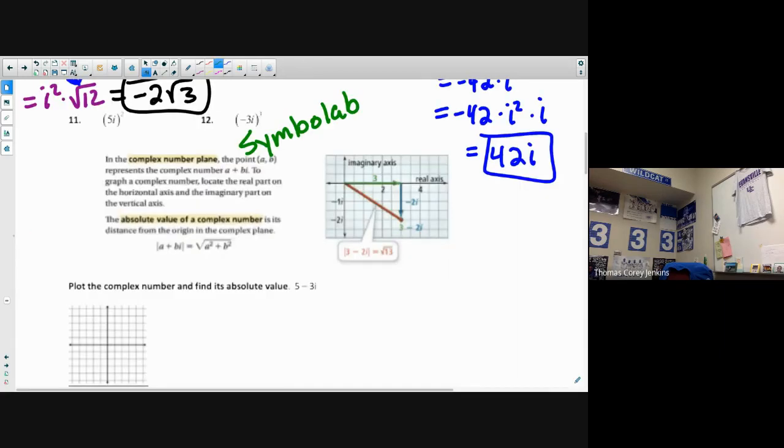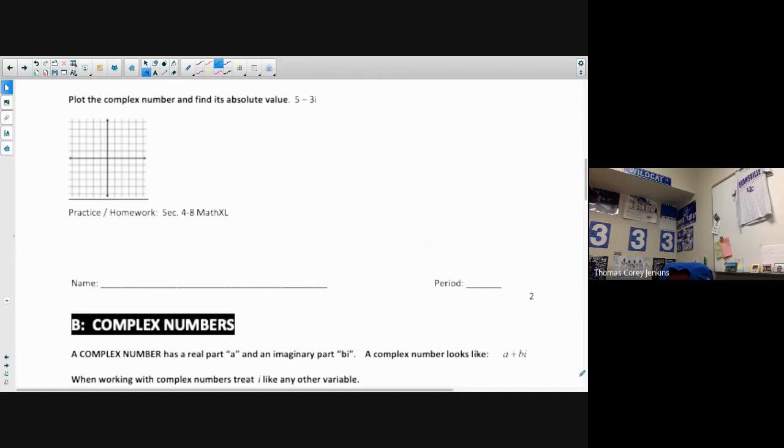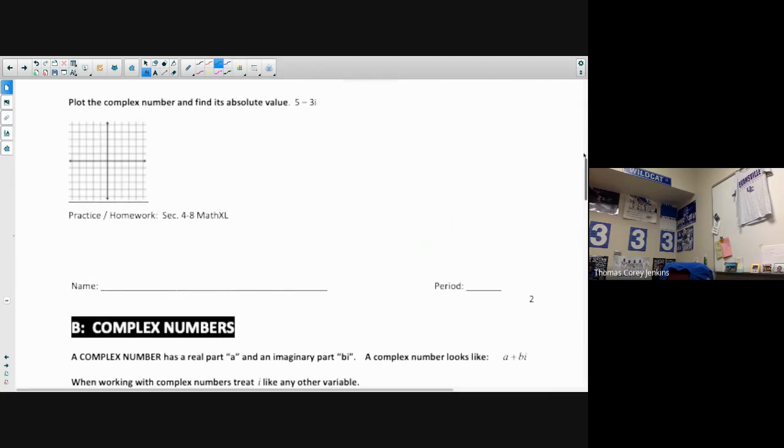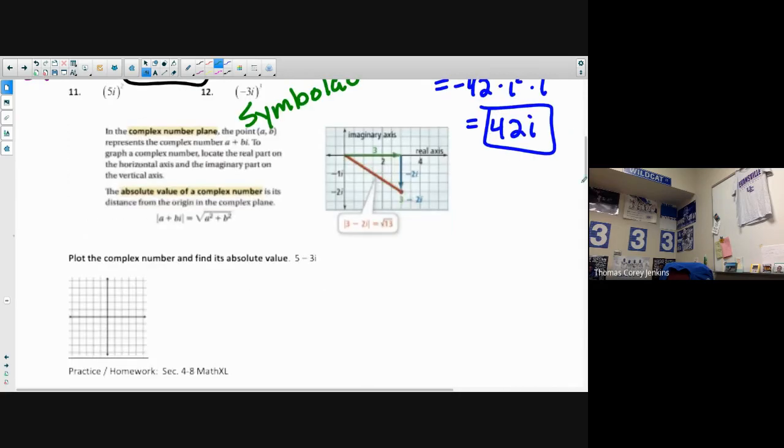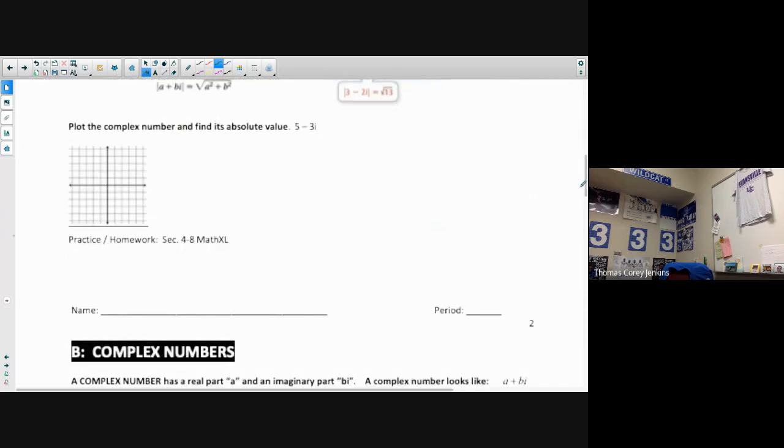All right, so the complex number plane. This gives you a graphic representation of what we are doing when we are talking about complex numbers. I'm going to skip over this and just show you. It's a pretty simple idea. So if it says plot the complex number and find its absolute value.